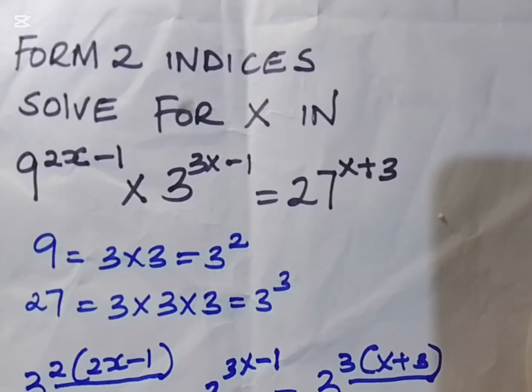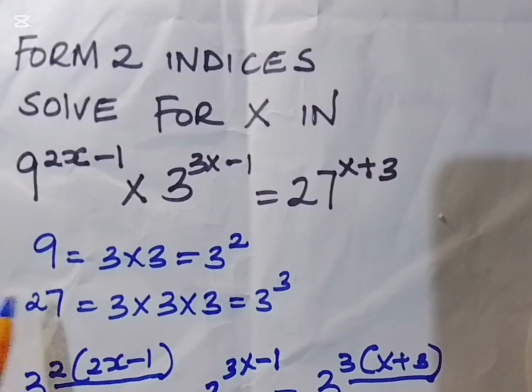As you look at this question, it is implying the law of indices called the multiplication law, which is between the two values of 9 raised to 2x minus 1 multiplied by 3 raised to 3x minus 1. And because it is an equal sign, it becomes an equation.